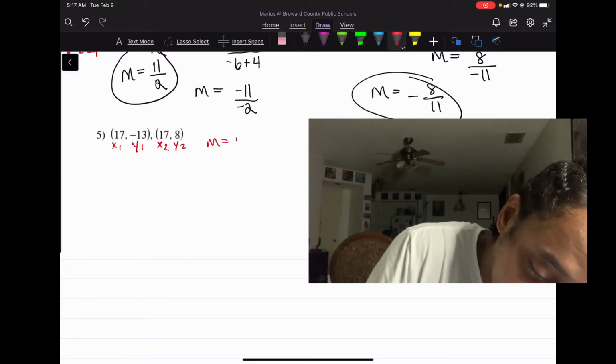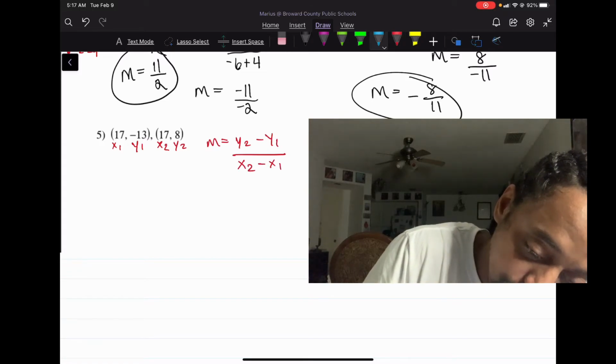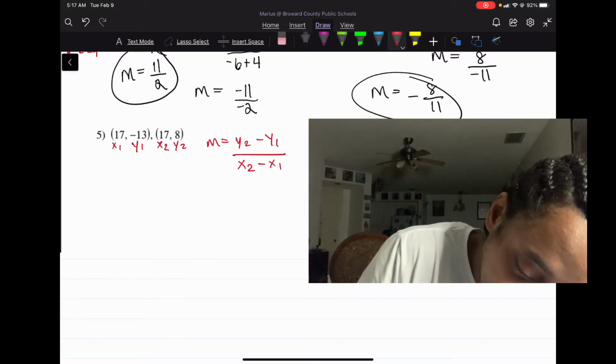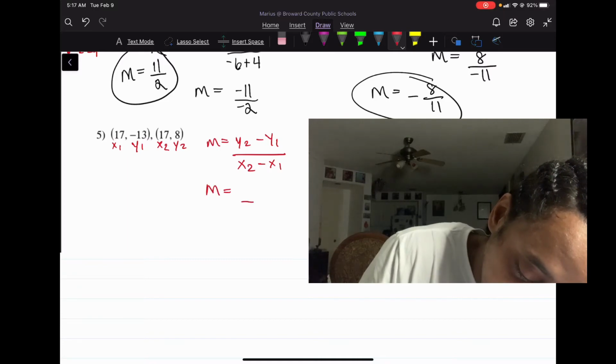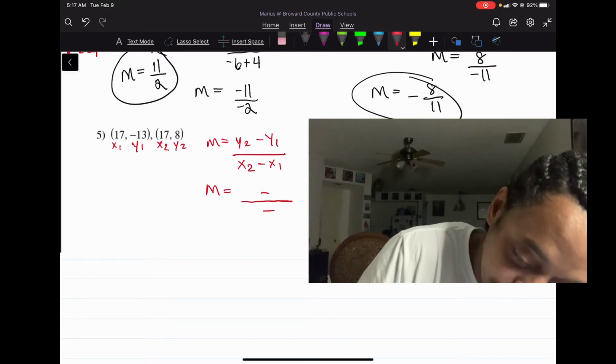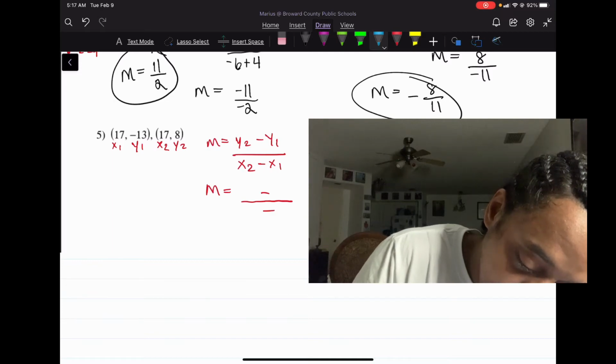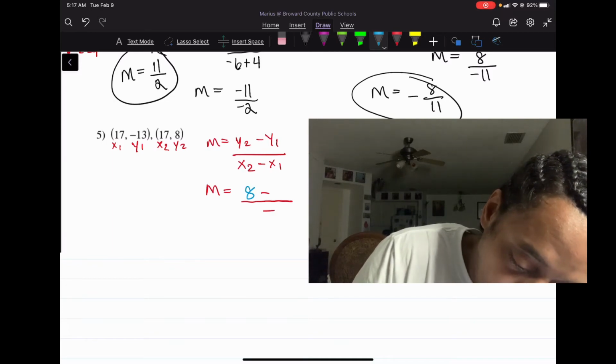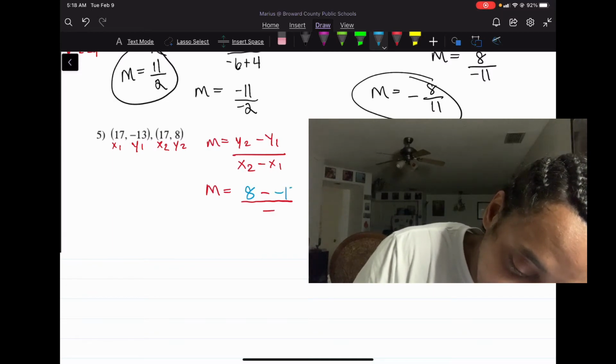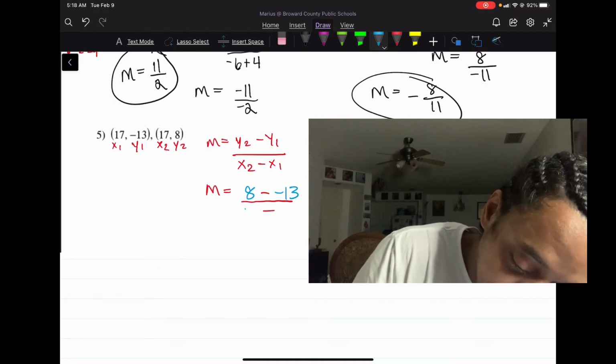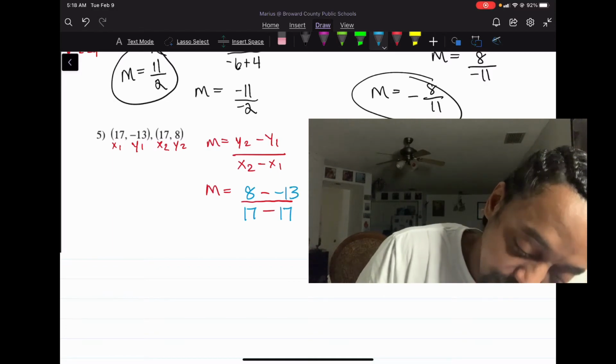M equals y2 minus y1 divided by x2 minus x1. When we plug these in, m equals, remember that the minus signs have to be a part of the formula. y2 is positive 8. y1 is negative 13. x2 is 17. x1 is 17.